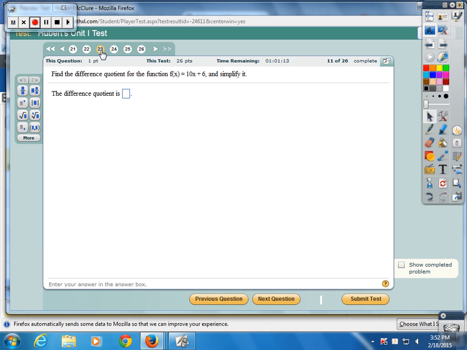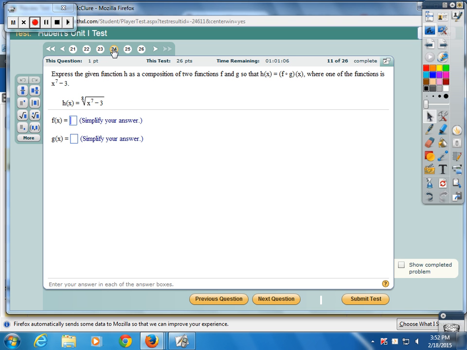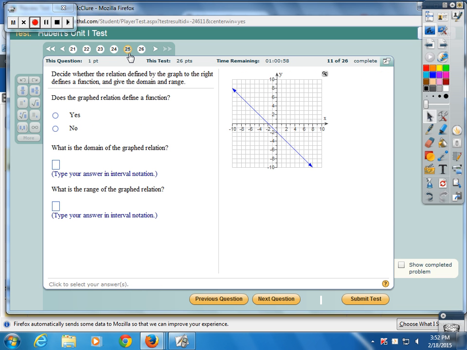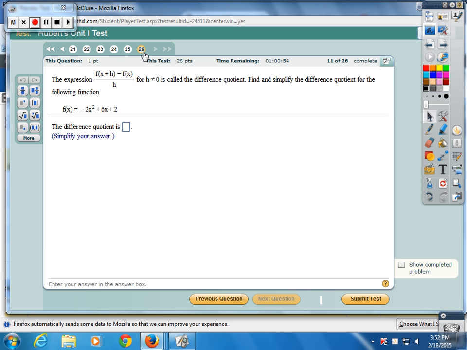Difference quotient, the one we just did. I'm not gonna do that one, I'll take that one off. Domain and range, that's simple. And difference quotient.